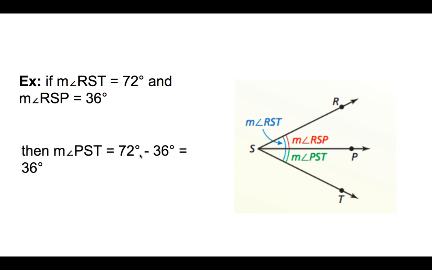I take the measurement of the whole angle, RST, which is 72, and subtract out the piece that I know, RSP, and that gives me the remainder, PST. So 72 minus 36 is 36. That means this angle here, PST, has to be 36 degrees.